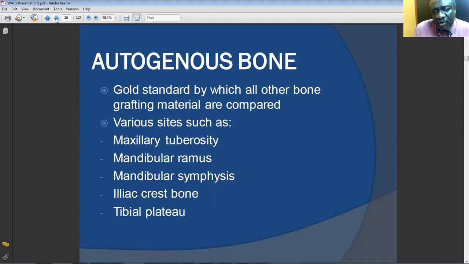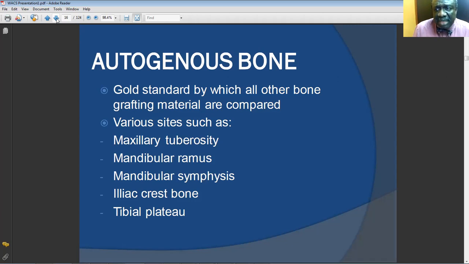Autogenous bone graft, of course, is bone that you are harvesting from the same person that is receiving the implant. And this autogenous bone graft is the standard by which all other bone grafting materials are compared. And there are several sites within the human being that you can harvest autogenous bone graft.